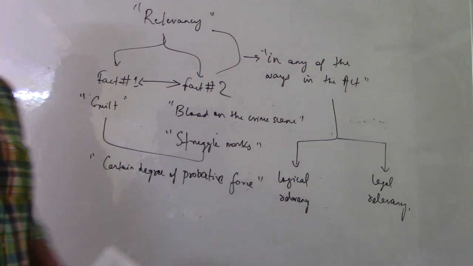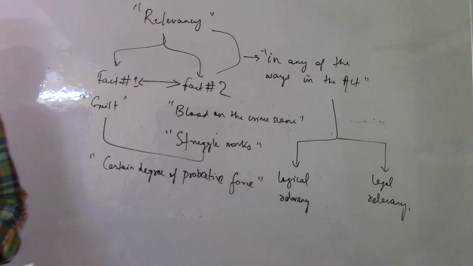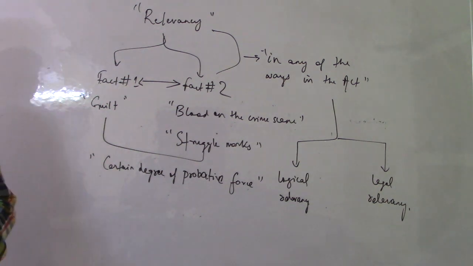As an example, I'll tell you, okay? The best example is a confession made in police custody. A person might clearly confess everything, right? But section 25 says what? That a confession made in police custody is not relevant, right? Yes. Isn't it? What does that mean?